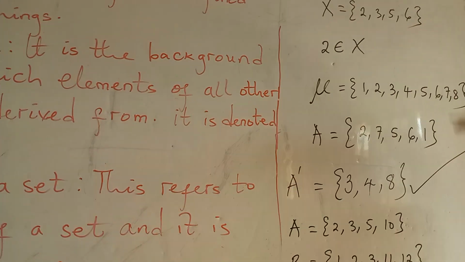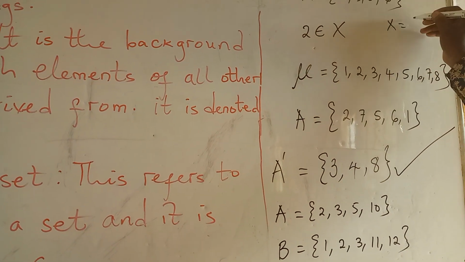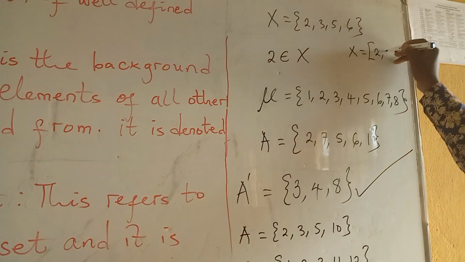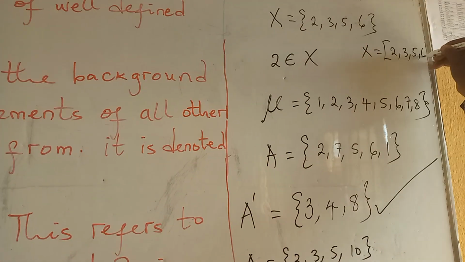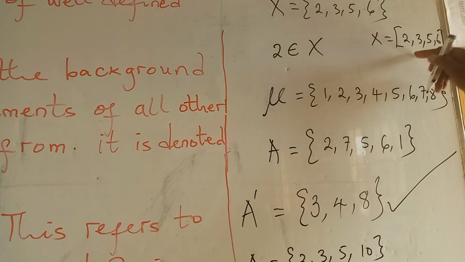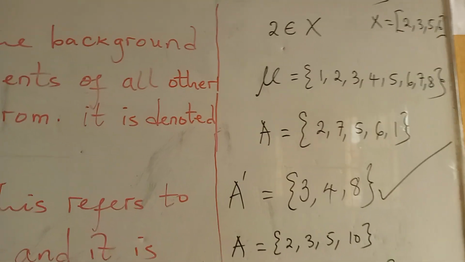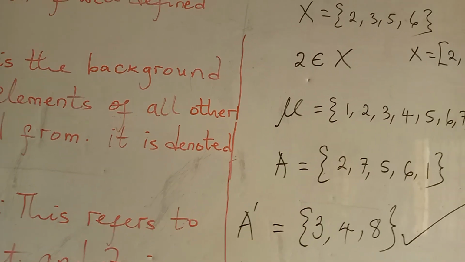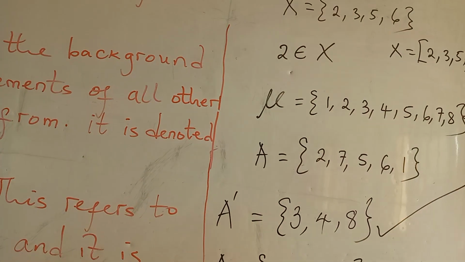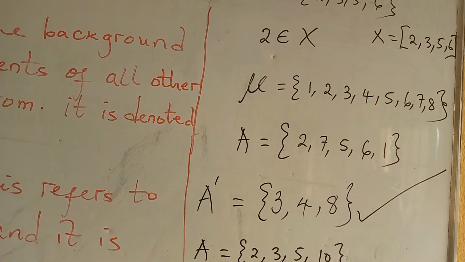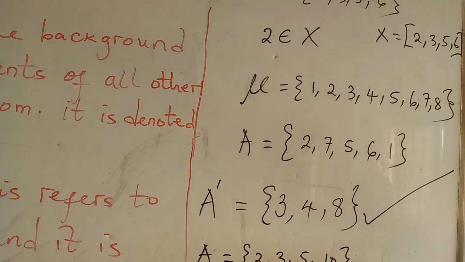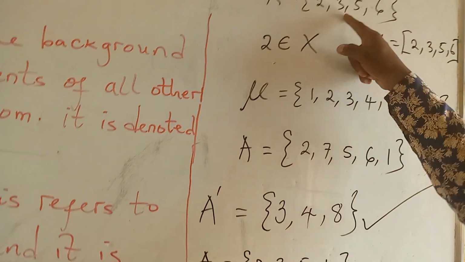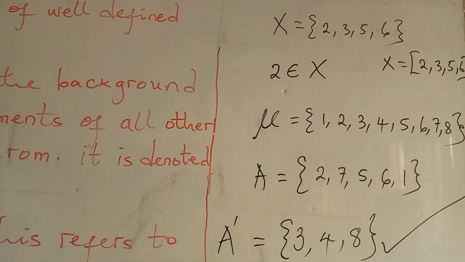So for example, if you see an expression like this, it is not a set because you are not using curly bracket. Any other bracket, then it is no more a set. And of course, each element must be separated with comma. All right, so that is that for union of set.